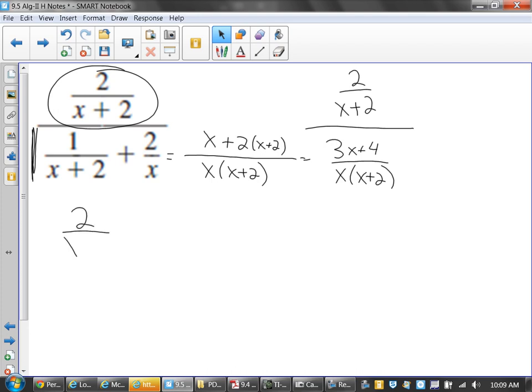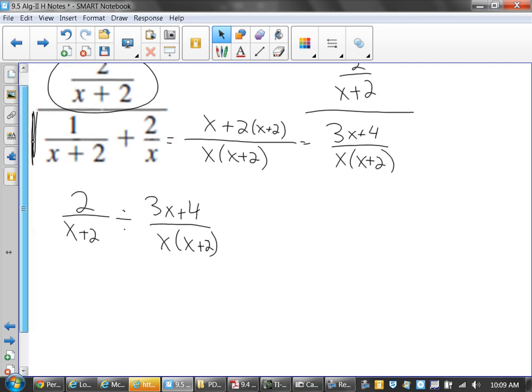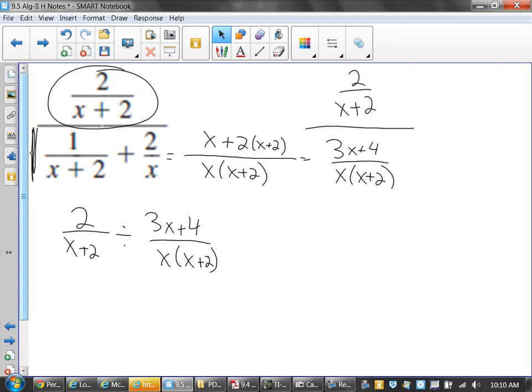You get 2 over x plus 2 divided by 3x plus 4 over x times x plus 2, which turns into the exact same problem you did yesterday, which is multiplying by a reciprocal. Now, if you recognize that right away and you want to write this out as multiplied by the reciprocal straight from the complex fraction, by all means, go for it. No reason not to.